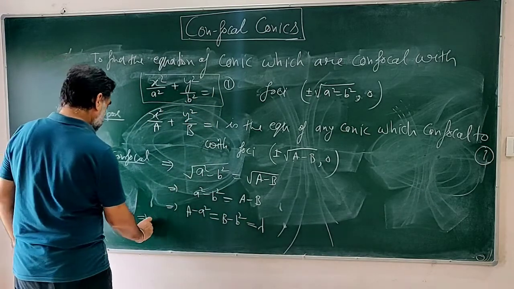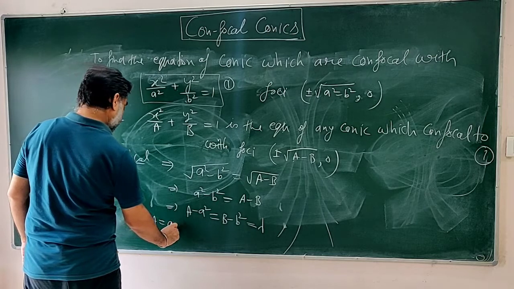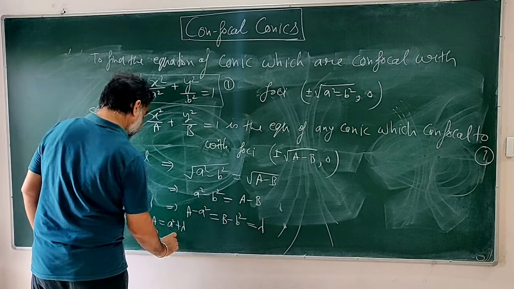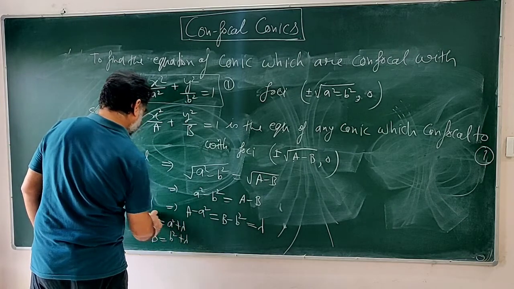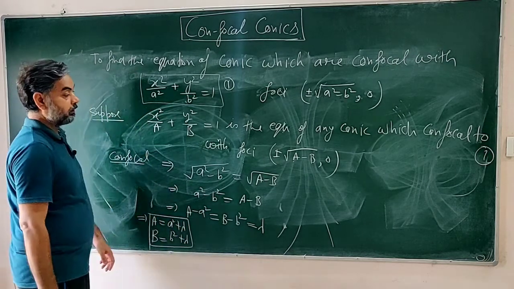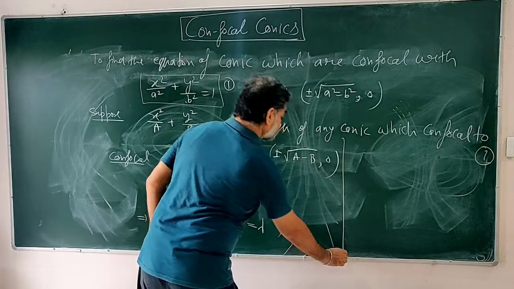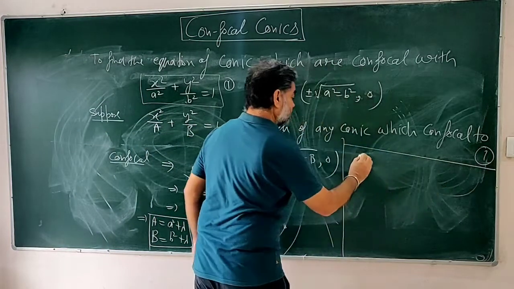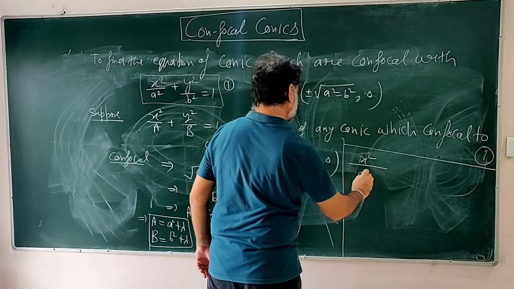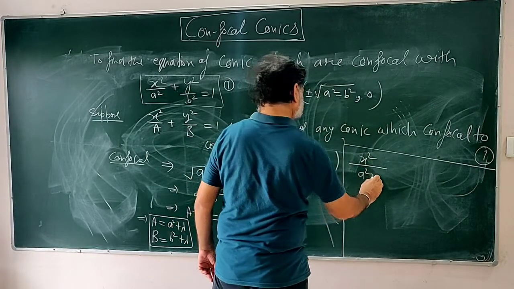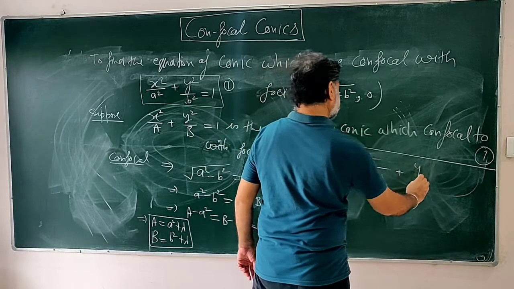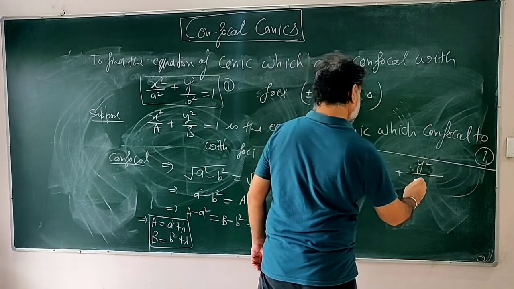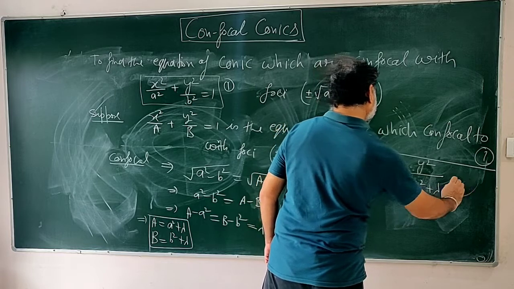That implies A is equal to a square plus lambda and B is equal to b square plus lambda. So this equation can be written as x square over a square plus lambda plus y square over b square plus lambda is equal to 1.